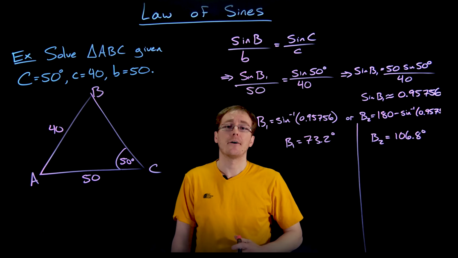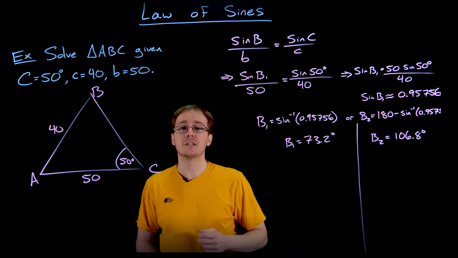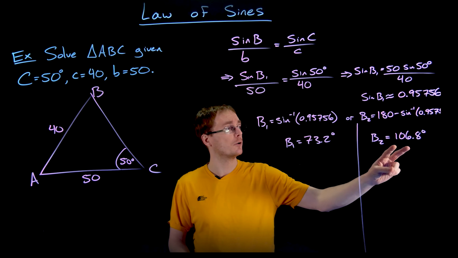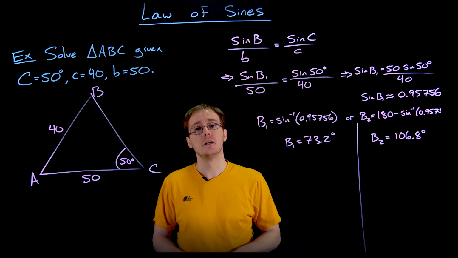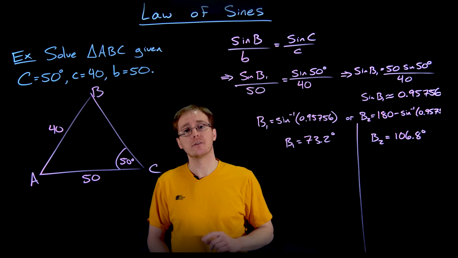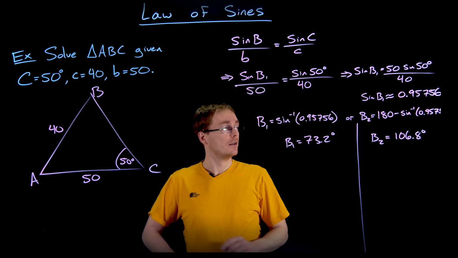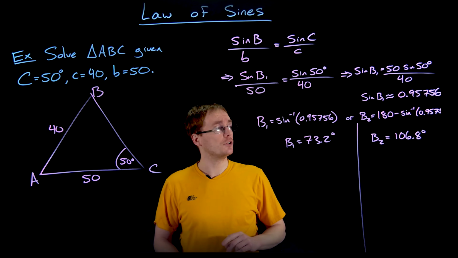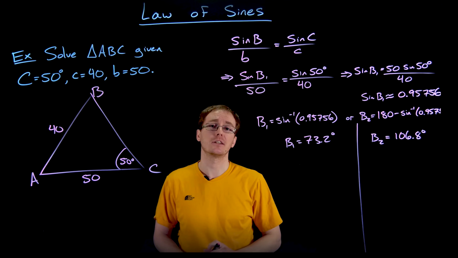All right, so now we can use a calculator to help us evaluate those expressions, and we get angle B1 would be 73.2 degrees, while angle B2 could also have a value of 106.8 degrees. So we're guaranteed at least one triangle exists, and that's going to be this first triangle with angle B1 with that acute angle. For the second triangle with angle B2 of 106.8 degrees, we might not be convinced yet that it actually exists.